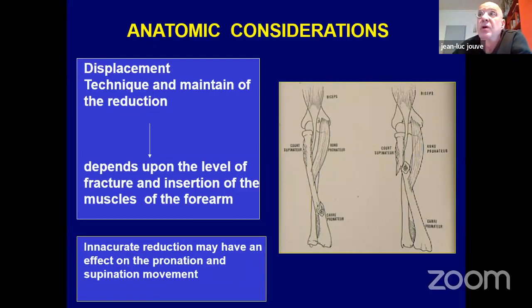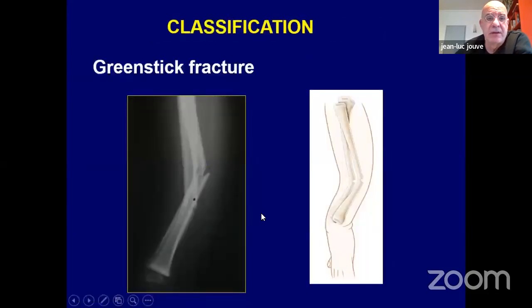And you must remember there is no possibility of remodeling consideration concerning pronation and supination. And this is a transversal displacement, transversal malunion. And if there is a malunion in the transversal plane, there is no possibility of remodeling bone. This is very important in this kind of fracture.